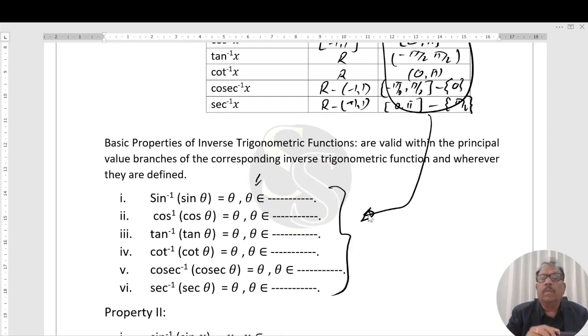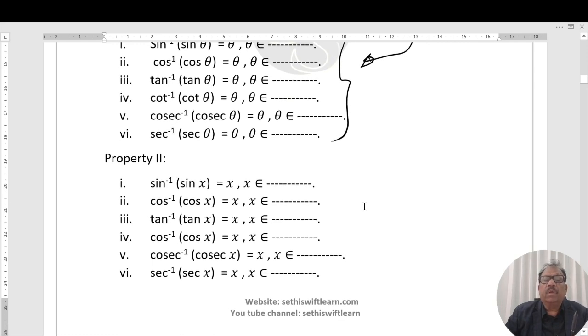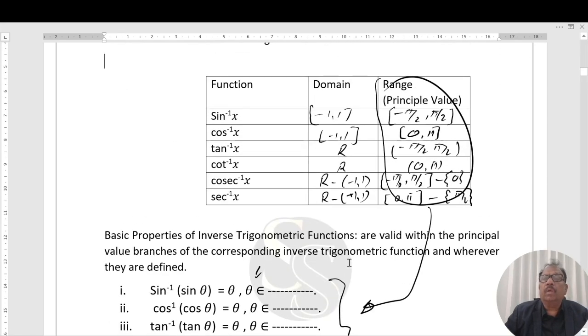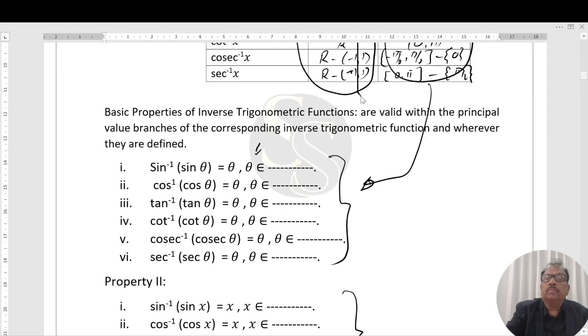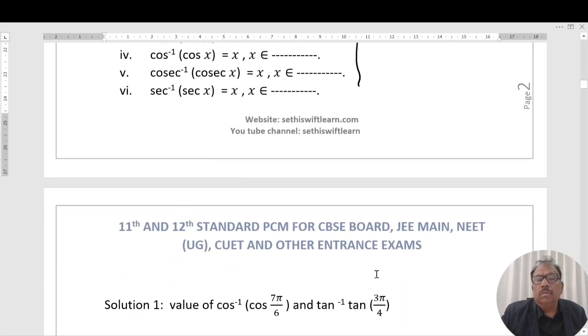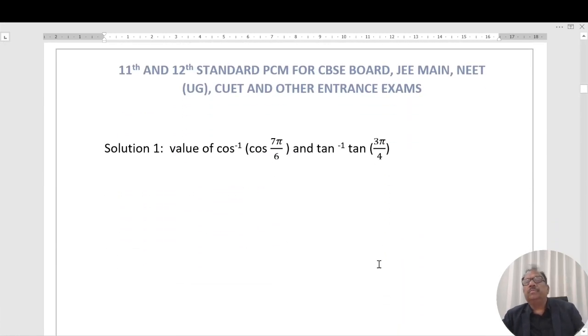Next, in the case of the inverse ones, these are applicable here. Now, let's start the question.